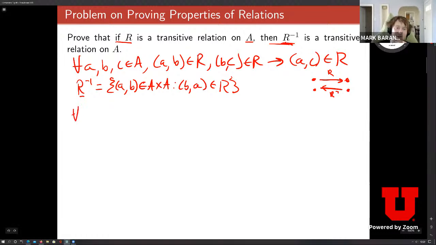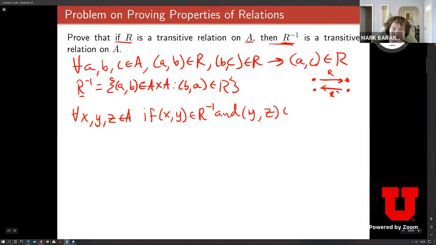So what we need to show is that for all x, y, and z in our set A, if x, y is in our inverse and y, z are in our inverse, we need to show that x, z is in our inverse.